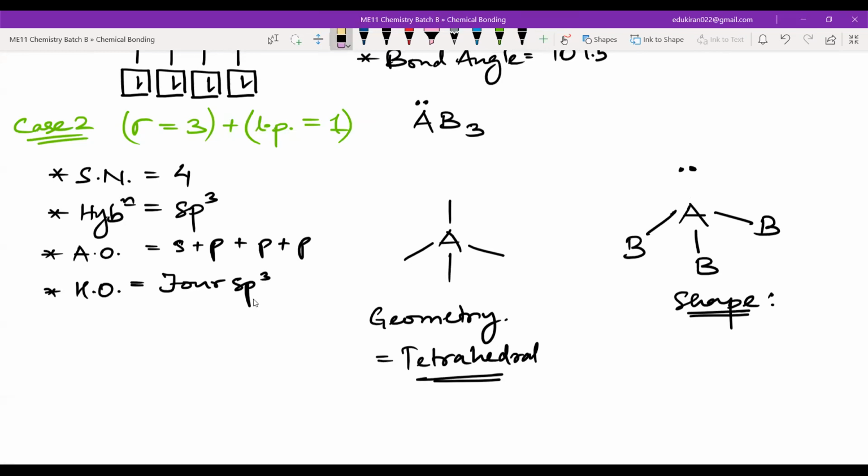I cannot see the electrons if I'm looking for the shape. That means this is the shape of the molecule, and it is a pyramidal shape, right? You have 3 points as a base, and there's 1 point above. So this is a pyramid, right?